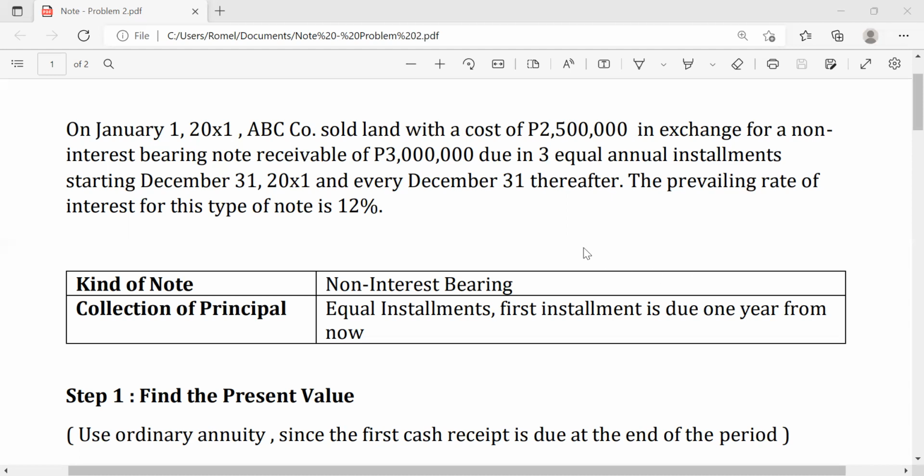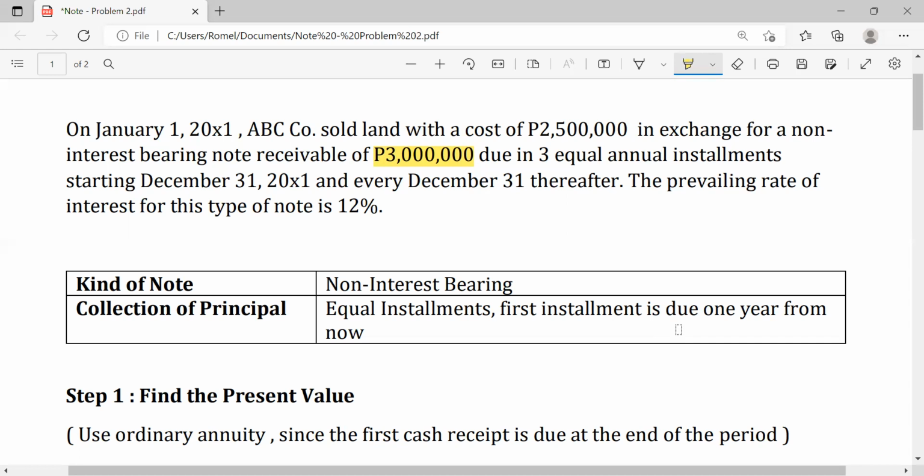So if it is a non-interest bearing note, ang interest kasama na sa 3 million pesos.